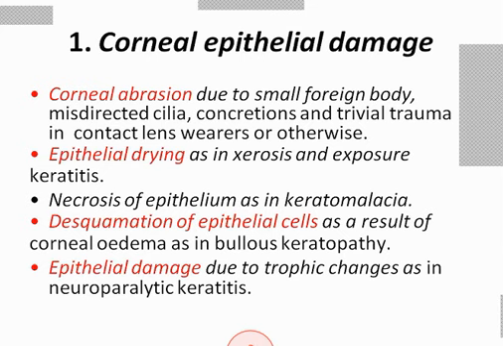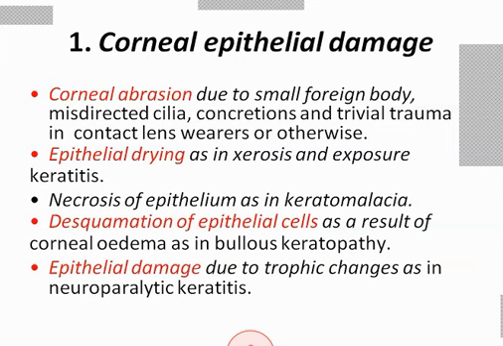The corneal epithelium may be damaged because of corneal abrasions which occur daily, or a misdirected cilia, or a small foreign body which is not recognized. Sometimes people come after one week saying they have a red eye, and we can see a small metallic foreign body embedded in the stroma of the cornea.